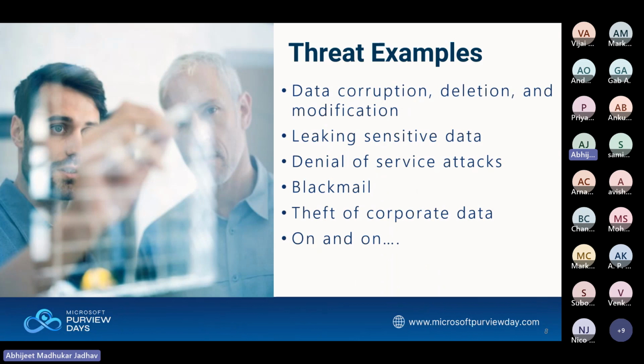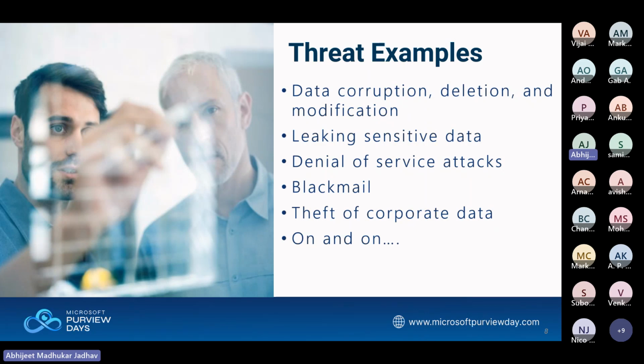These are the different threat examples, and this is not a finite list. As I said, it goes on and on. This is a highlight of some of the threat examples. The threats can be data corruption, deletion, modification. This can be done by employees intentionally, or unintentionally or accidentally.